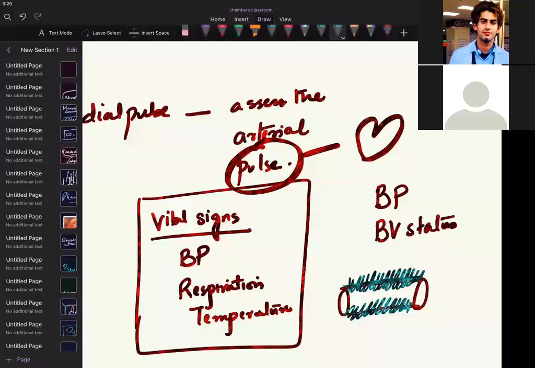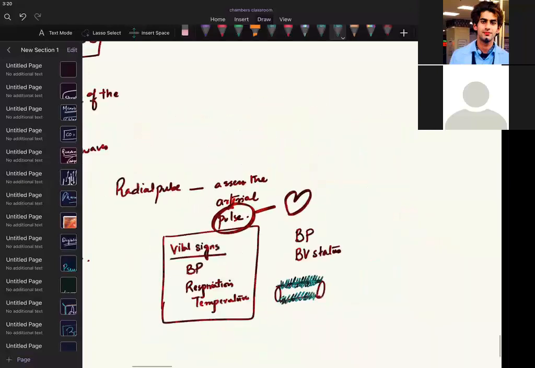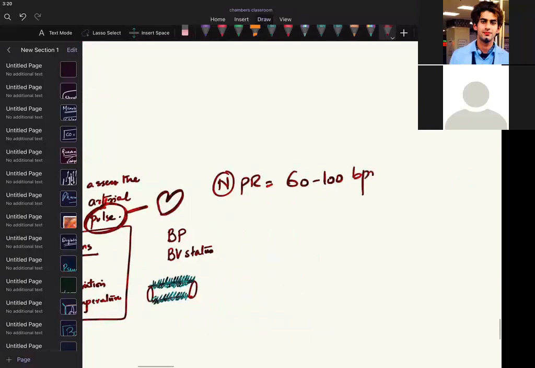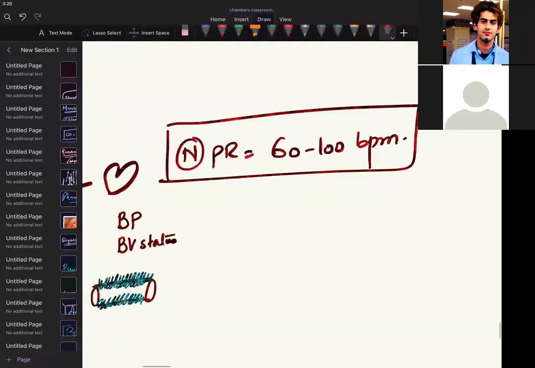Okay, so it's important. So what is the normal pulse rate? Normal pulse rate is 60 to 100 bpm. 60 to 100 bpm, guys. Okay. And if we want to know, there is a term that is called pulse deficit.